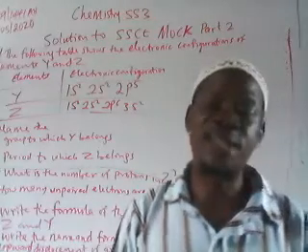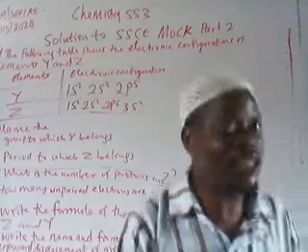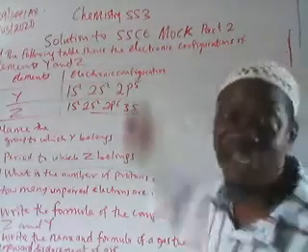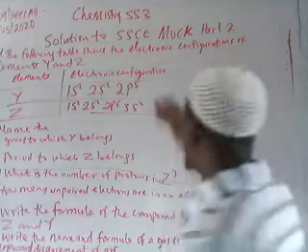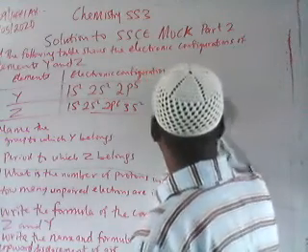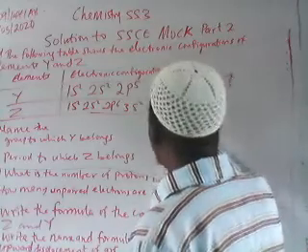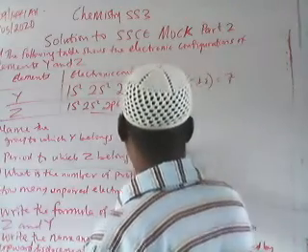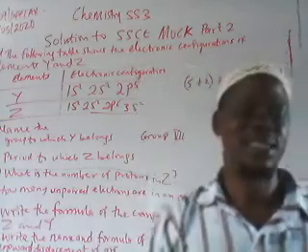But if the element is P block, like this one, where P is the last orbital that is filled, to determine the group, take the number of electrons in the outermost shell and add 2. That will give you the group. So in this case, the number of electrons in the outermost shell is 5 plus 2. That gives us 7. So the element Y belongs to group 7. That's the answer. As simple as that.